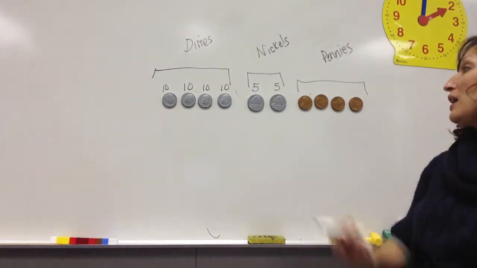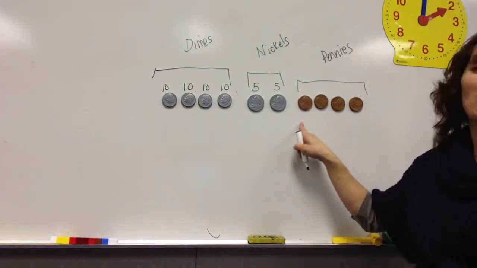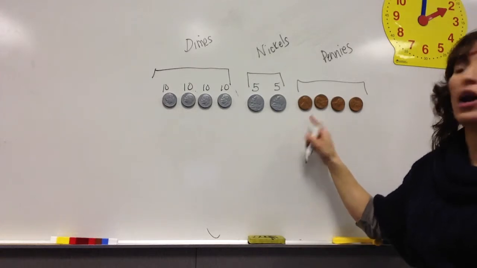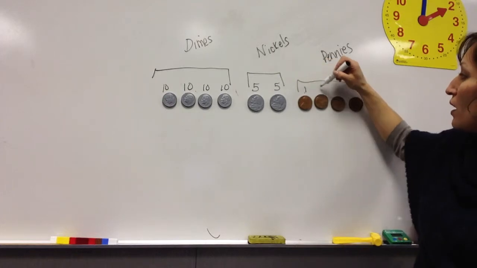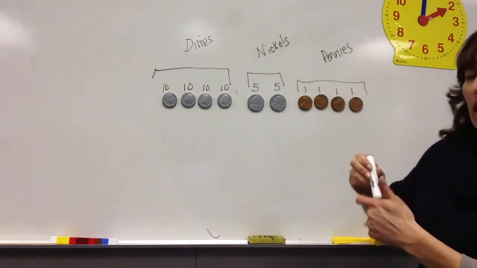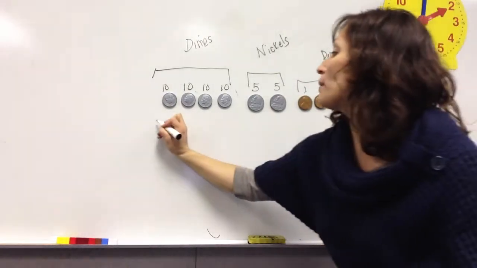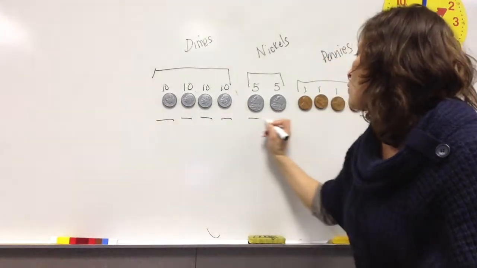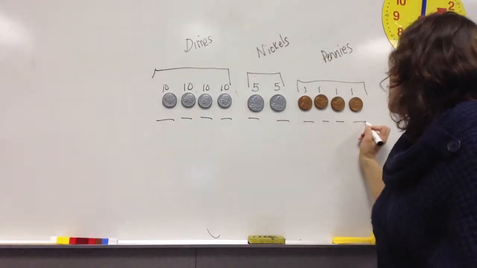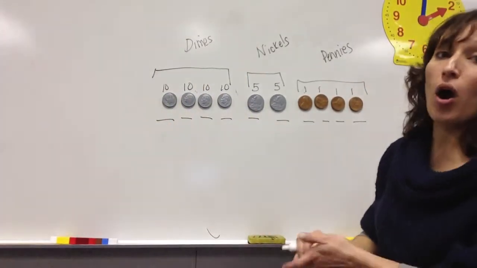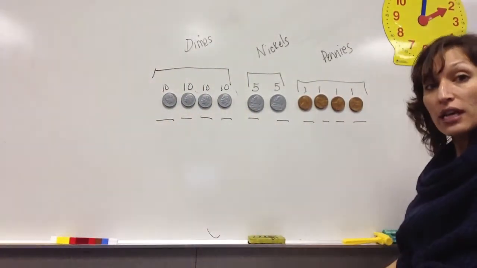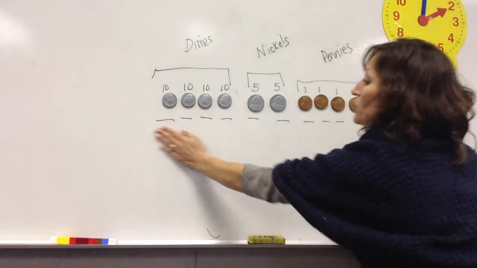Now go to my penny. Penny, penny, easily spent. Copper, brown, and worth 1 cent. Whoops, ones. Now I'm ready to count. I'm going to put those lines underneath each coin. I'm going to start over here on my most powerful coin and all the way on the left, just like we read, just like we count, left to right.